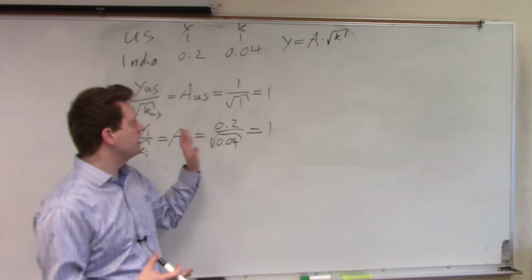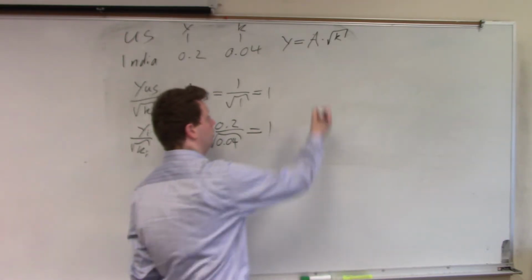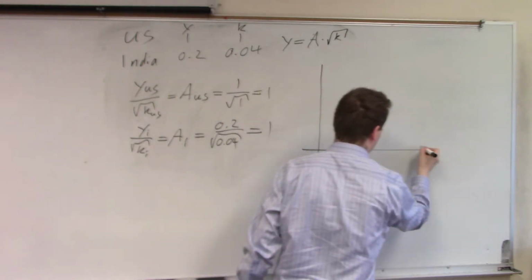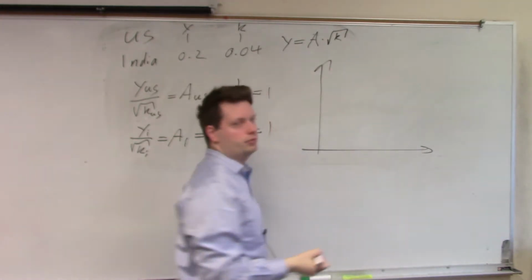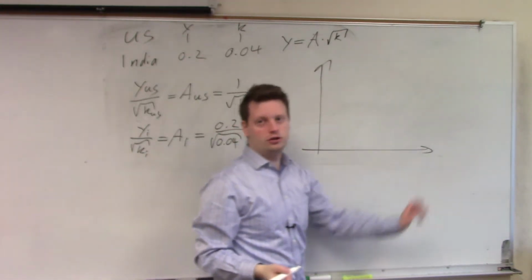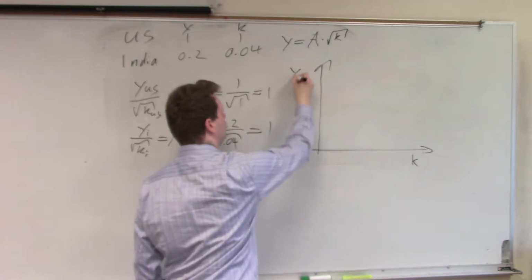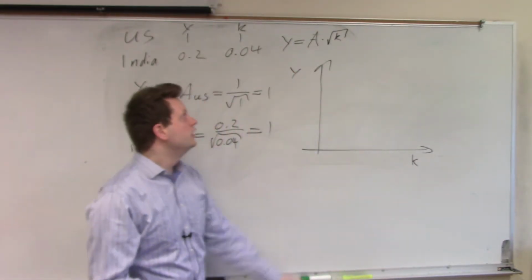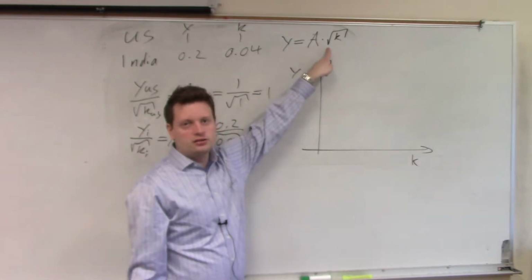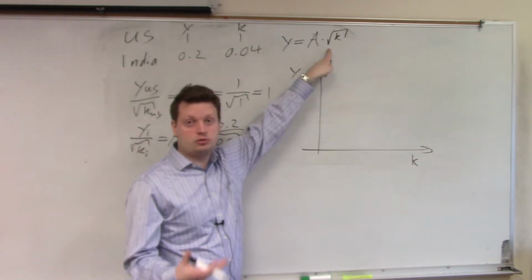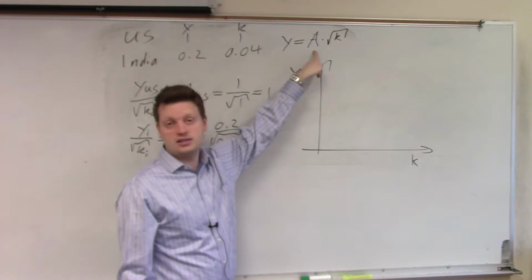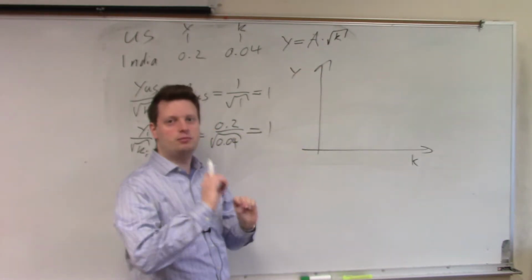Based on this, we can now draw this. The way we draw this is we put capital on the horizontal axis and we will put output on the vertical axis. Since they have the same alpha, which is equal to 1/2, and the same A, they'll be on the same line.